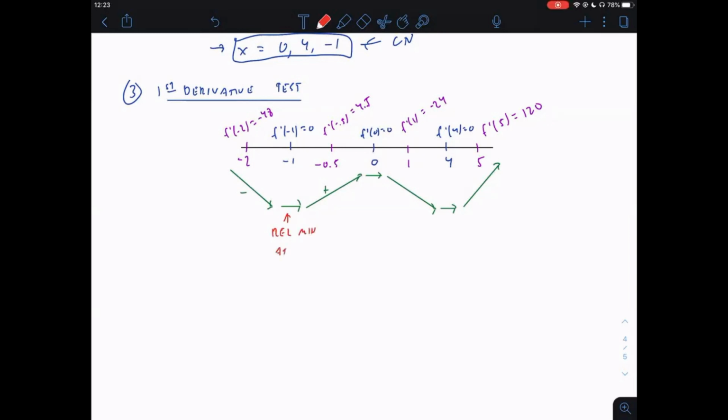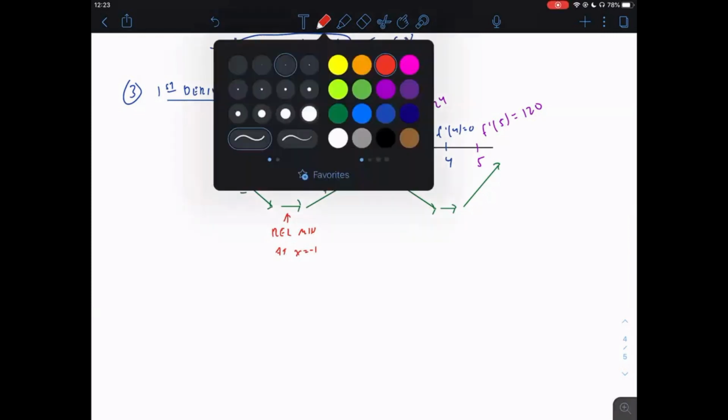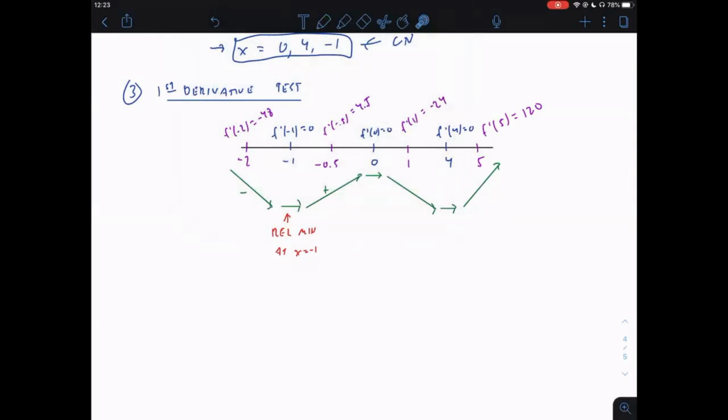So we have a relative minimum at x equals -1. All right. And then at that second critical number, since it went from positive to negative slope, that means at that second critical value we have a relative max at x equals 0.